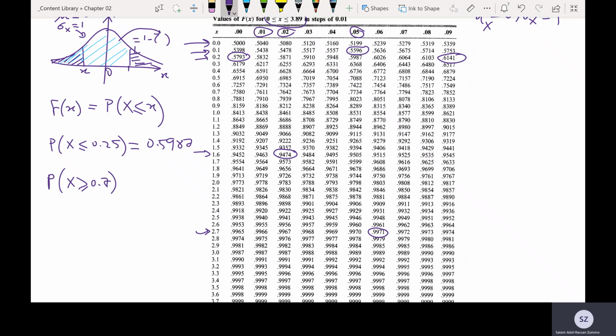So it's 1 minus whatever is here. So this is equal to 1 minus the probability of x less than or equal to 0.7, which is equal to 1 minus F of 0.7. What is F of 0.7?